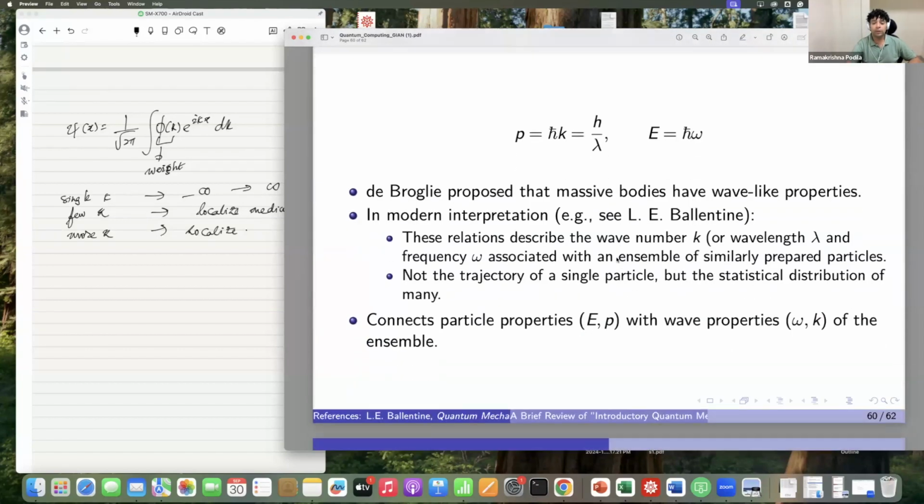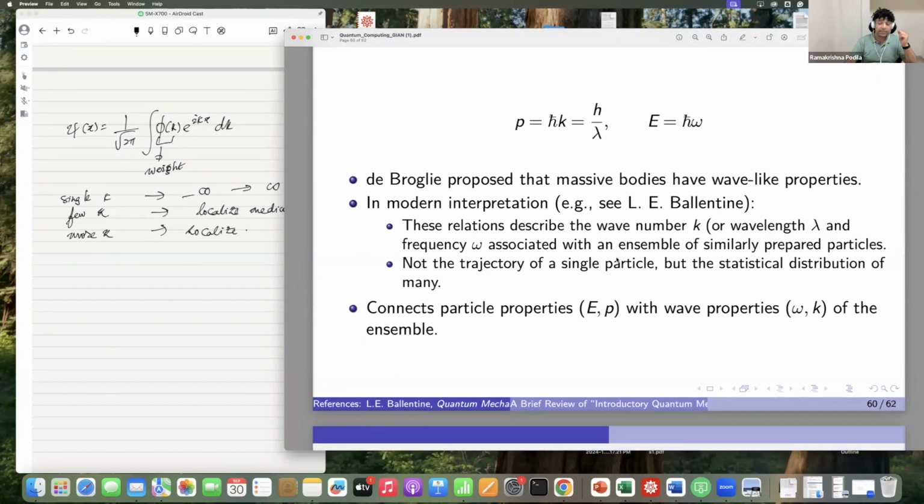The de Broglie relation, basically what it says is that whatever observables we talk about in quantum mechanics are statistical outcomes. There is no single particle measurement. You have to keep that in mind, because when we talk about momentum P being related to h bar k, it is not describing a single particle.